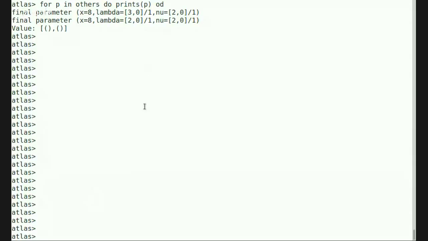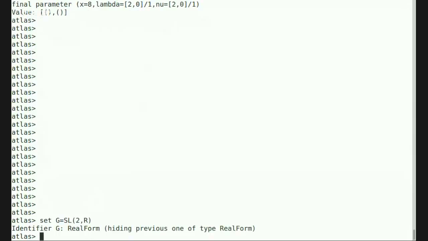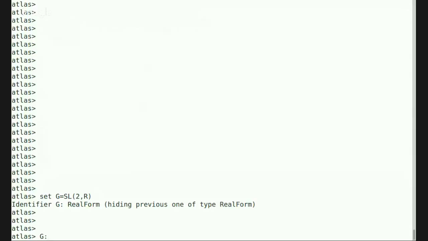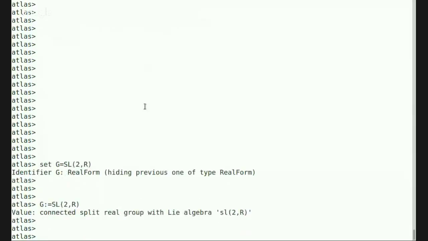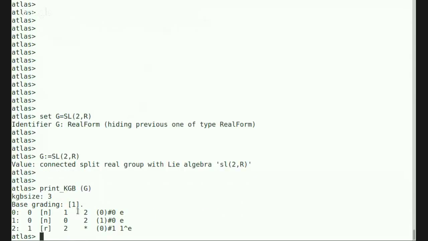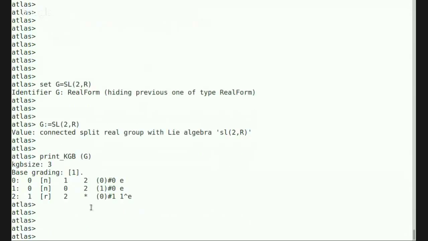Let's start simply. Let's say G is SL2R. Oh, that was a mistake. I should have said G colon equals SL2R. There we go. And there's a command print KGB of G. So this says that KGB has 3 elements labeled 0, 1, and 2.